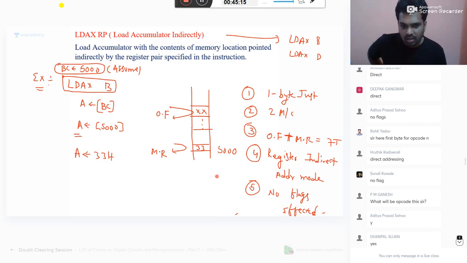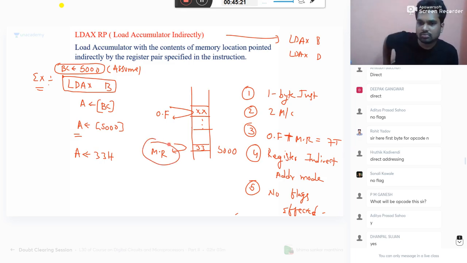Please understand. 1 minute, 1 minute. I will ask you one thing. Who will do this memory read? That is copied into the accumulator. So the address bus is copied with what? 5000 will be given to whom?